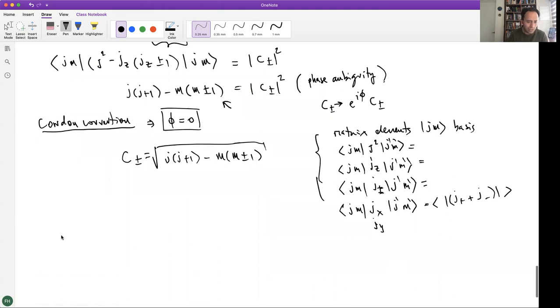Now, I think with this, we're going to end this lecture. It's been an hour now. And then in your assignment number 1, you will explore more about angular momentum wave functions.